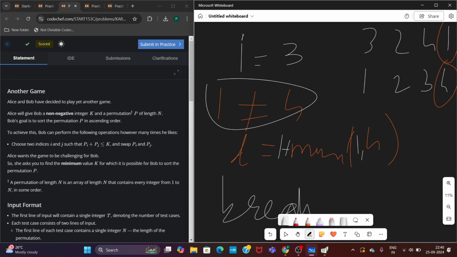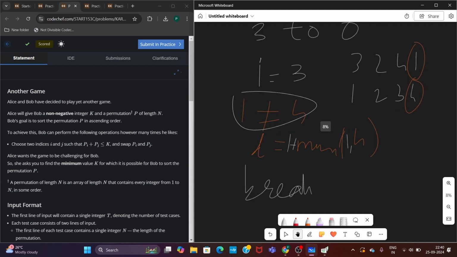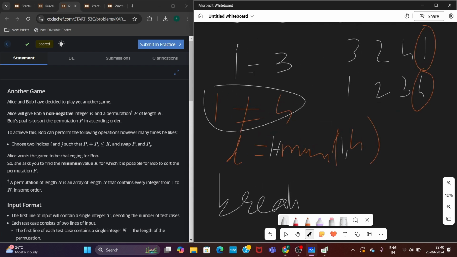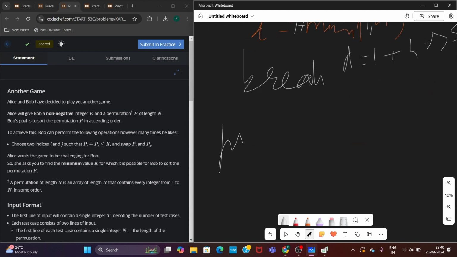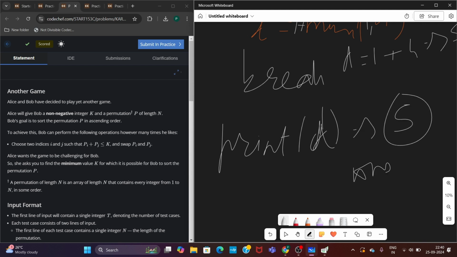The maximum of 1 comma 4 is 4, so our d will be 1 plus 4, which is 5. We break the statement and print d. So our answer will be 5 in this case. I think you have got this problem.